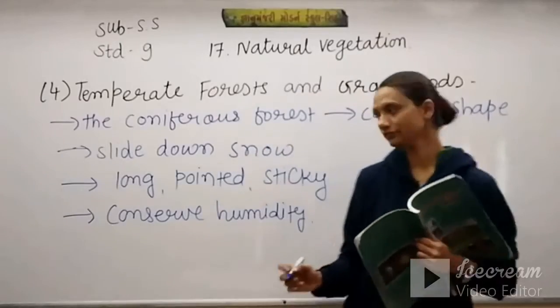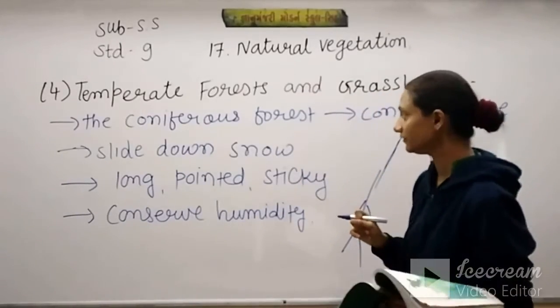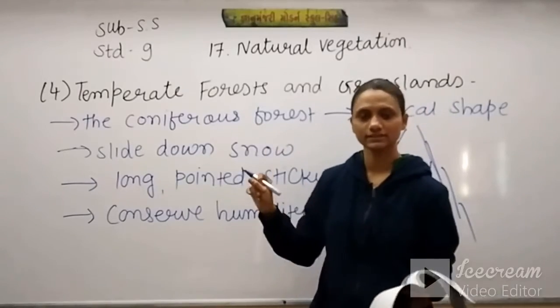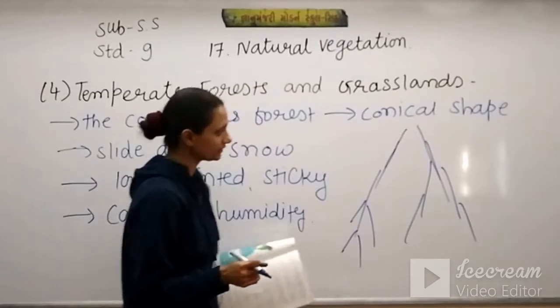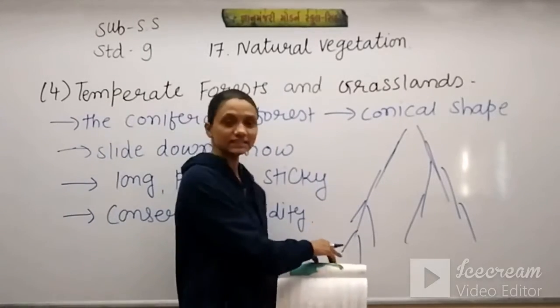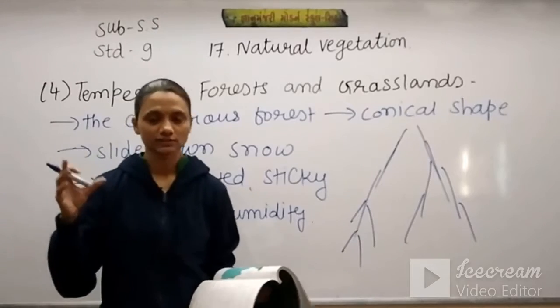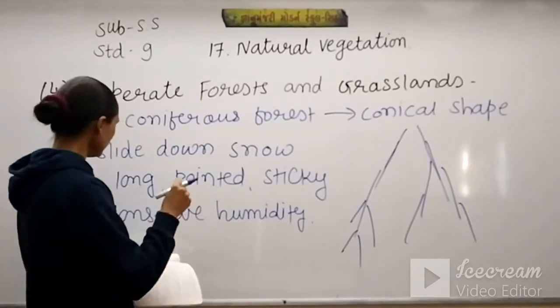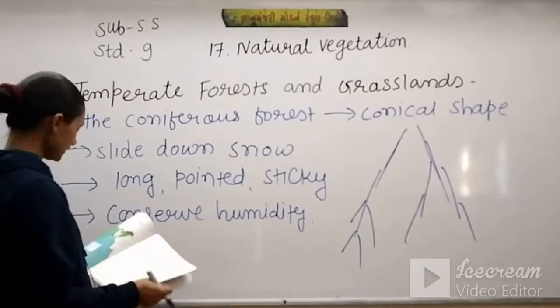This coniferous forest can be found in the Himalaya ranges, and these are the characteristics. Easily you can see this kind of tree shape, so that snow can slide down to the surface. Okay, please note this down.